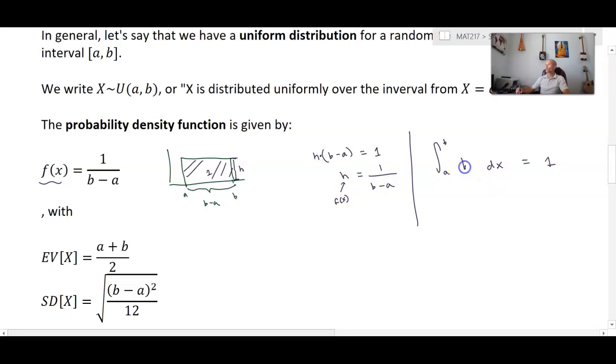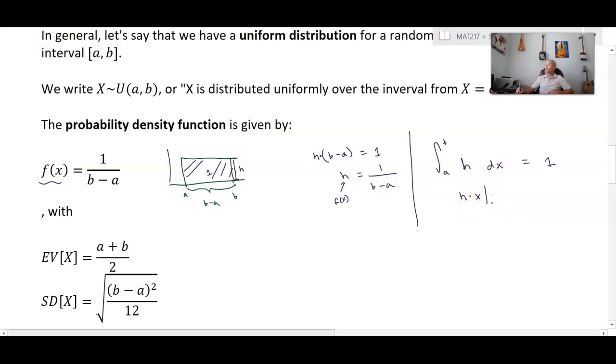So let h represent its constant height. The antiderivative of a constant, in other words, what function do I have to take the derivative of in order to get a constant? Well, that will be h times x. In other words, what function has a constant slope? It's going to be a linear function.